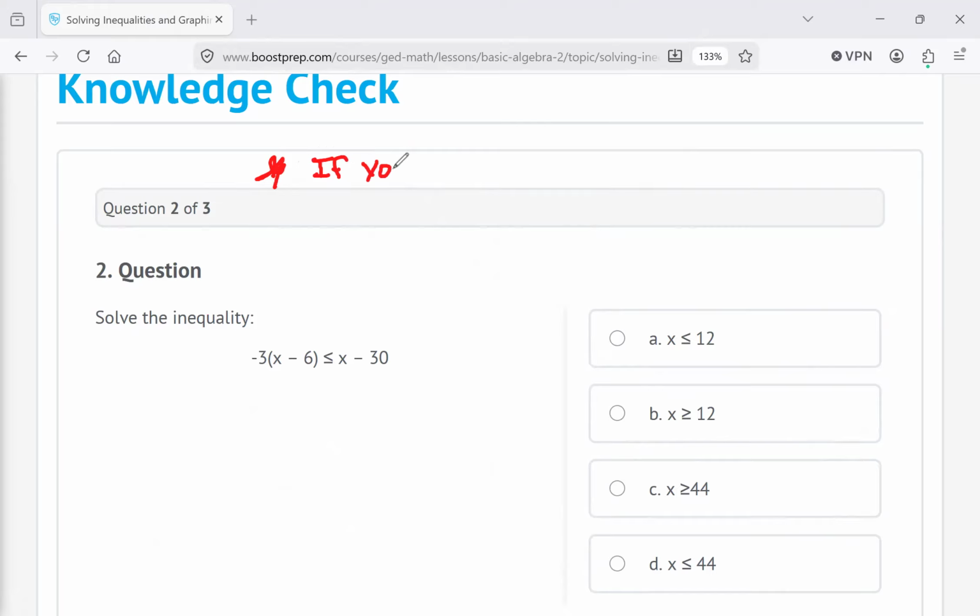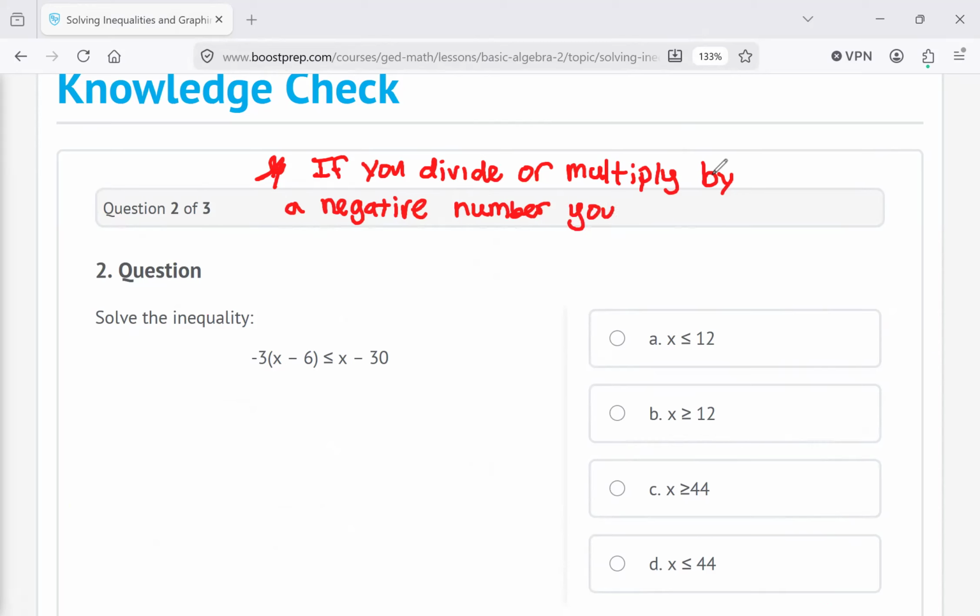If you divide or multiply by a negative number, you must flip the sign. If you add or subtract a negative number, you're fine, you don't have to flip the sign. But when you divide or multiply by a negative, yes, you do.